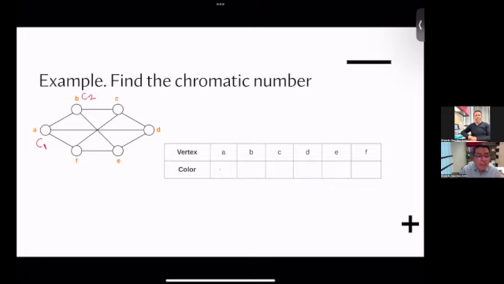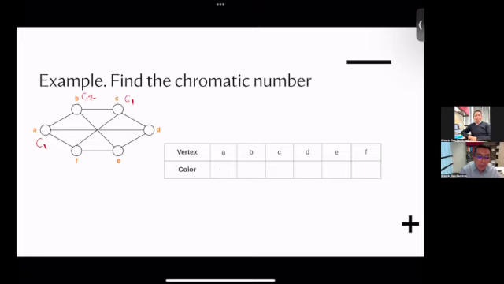And then I move to C. In C, I will start again from the beginning, if possible. So in C, I will check if I can use color 1. I notice that C and A are not connected, so definitely, I can use color 1 to paint C. Then I move to D. Again, I will try C1, but C1 is used for node C, and C is connected with D, so I cannot use C1.